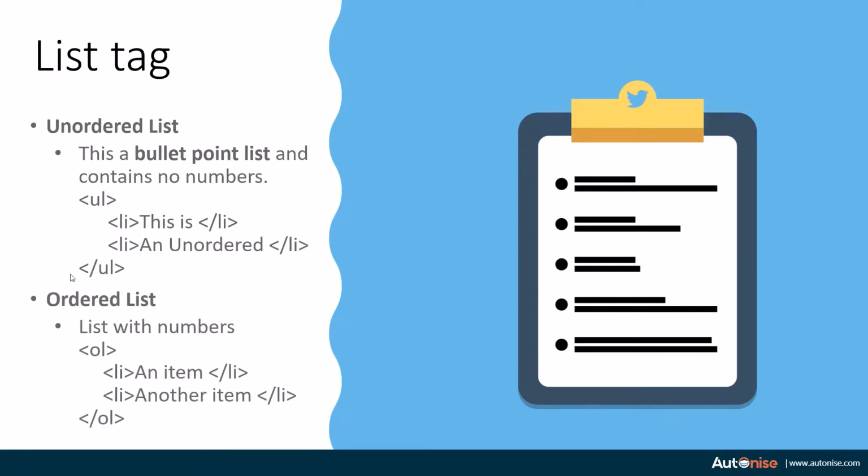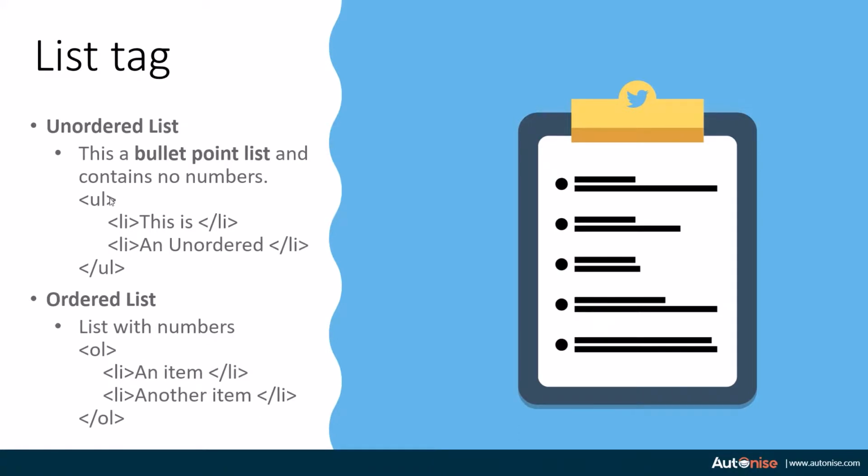Next, another type of list is the ordered list. An ordered list has numbers to denote each item. So when you write this code, it will display a number in front of an item and another item.